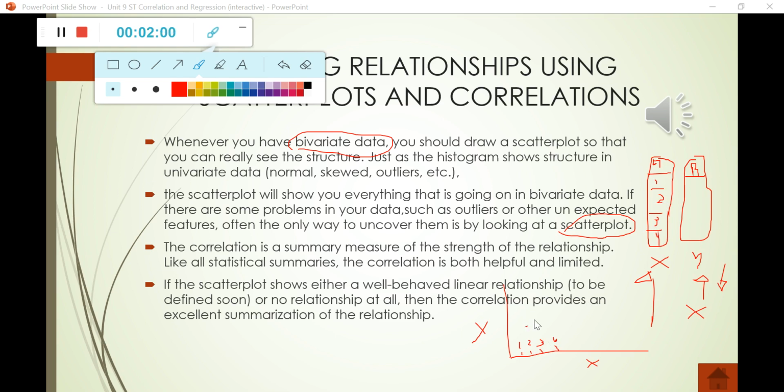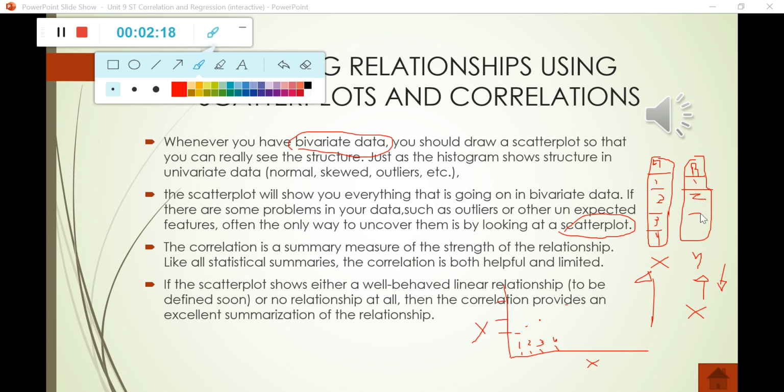We put those here, and then we measure together with this one, 1, 2, 3, and 4, to see how that increases.